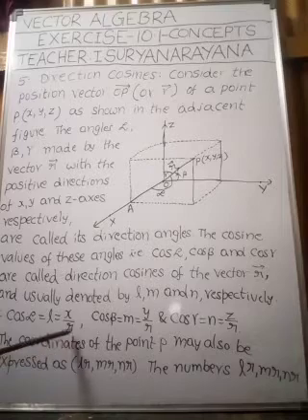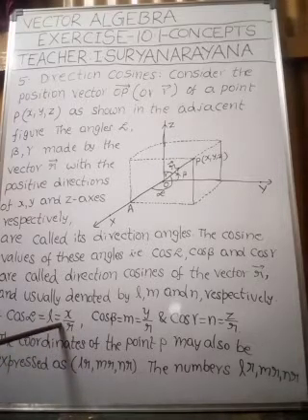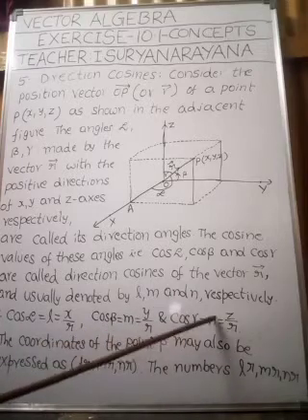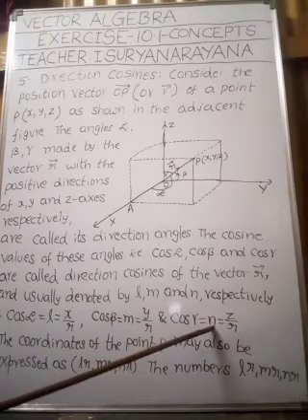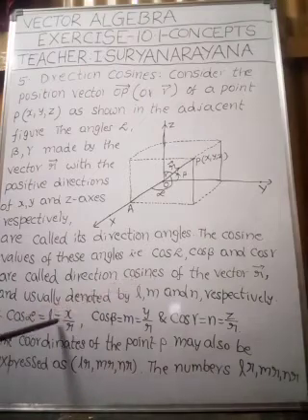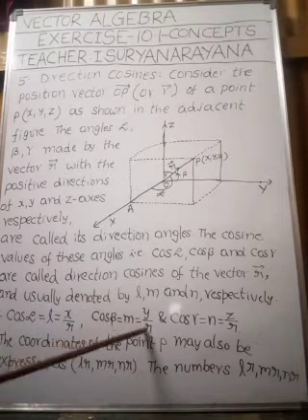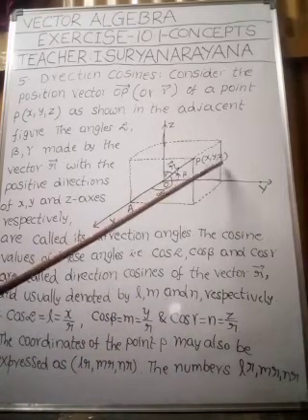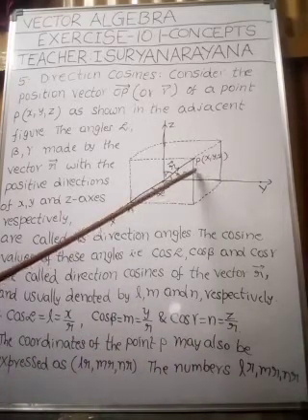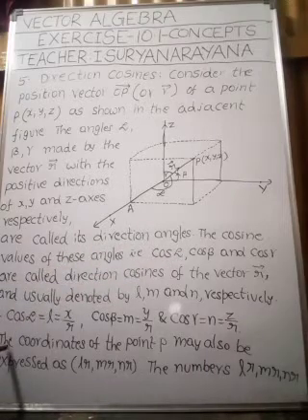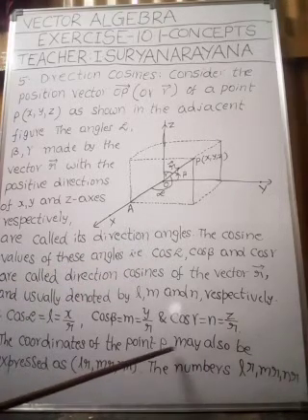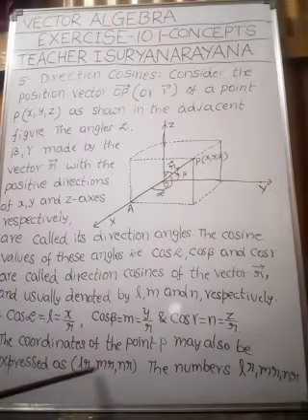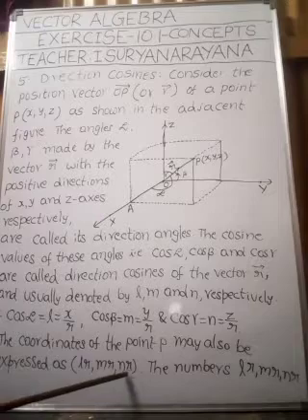Right. From this equation, you get x is equal to LR. From this equation, y is equal to MR. From this equation, we get z is equal to NR. Yes or no, my children? So, x is equal to LR, y is equal to MR, and z is equal to NR. So, x, y, and z are nothing but the coordinates of this point P. So, the coordinates of the point P may also be expressed as the ordered triplet LR, MR, NR.